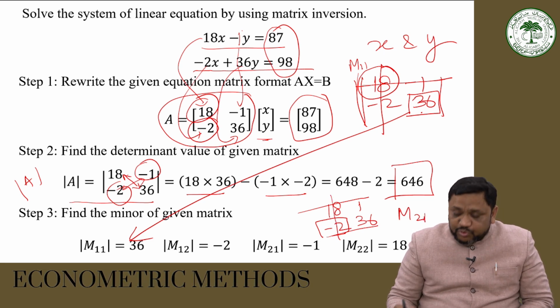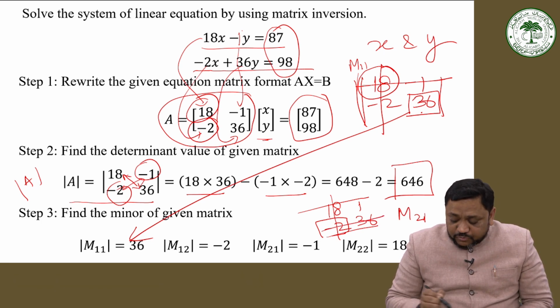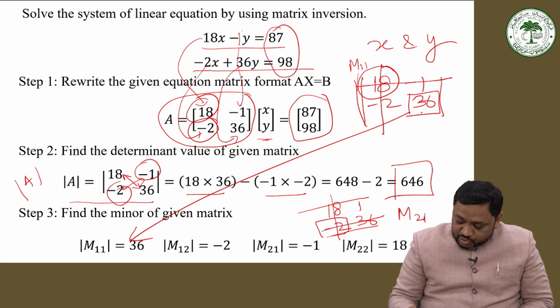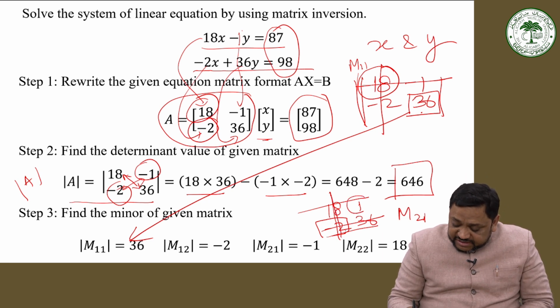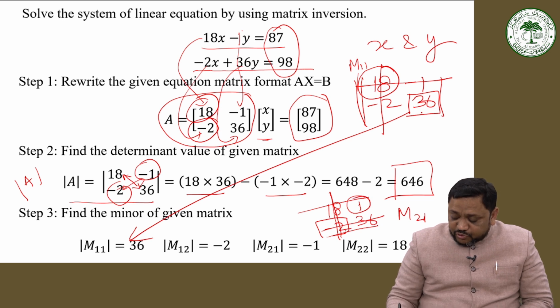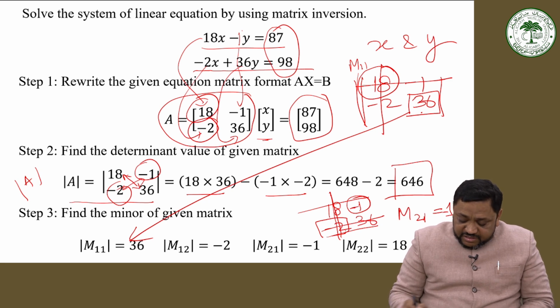So this is M21. For M21, we cancel the row and we cancel the column. What is left is minus 1. So the value of M21 is minus 1.